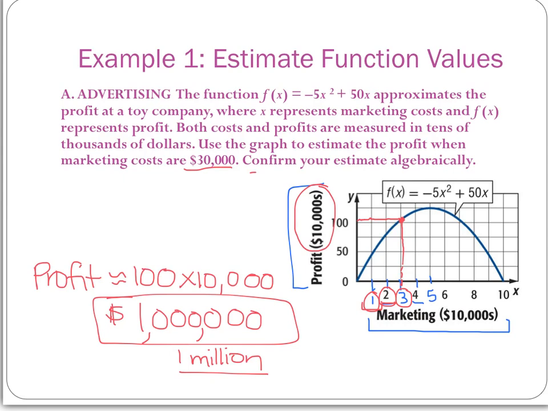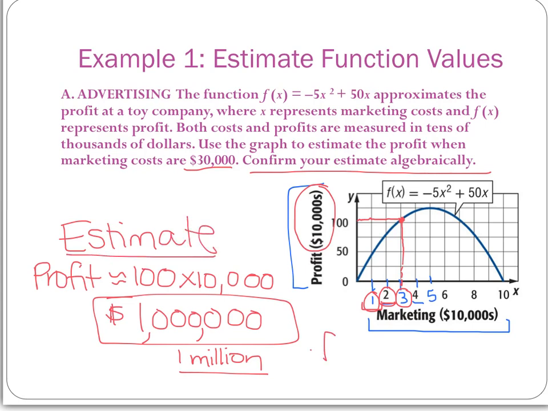Now, we're asked to confirm our estimate algebraically. This is our estimate right here from the graph. We are going to evaluate the function at 3, because remember the number 3 represented our marketing costs. So we'll plug in 3 for x and see if we get approximately 100 for y.